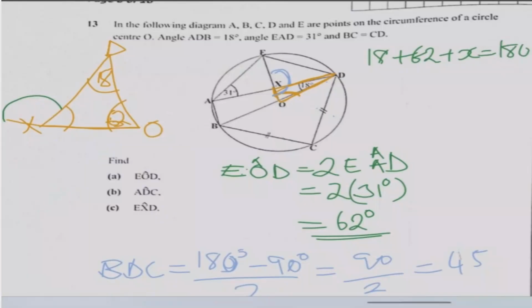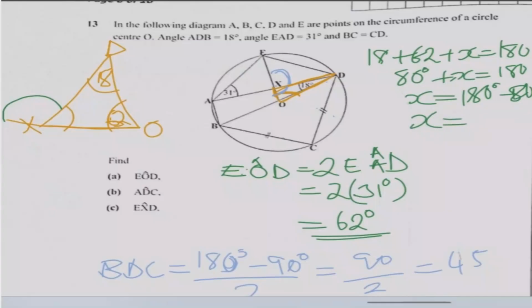So 18 plus 62 gives us 80 degrees plus X equals 180 degrees. Putting like terms together, X is equal to 180 degrees minus 80 degrees, which gives us 100 degrees. So the value of this angle here is 100 degrees.